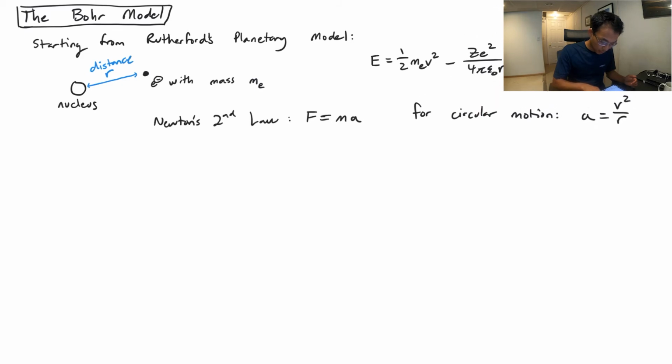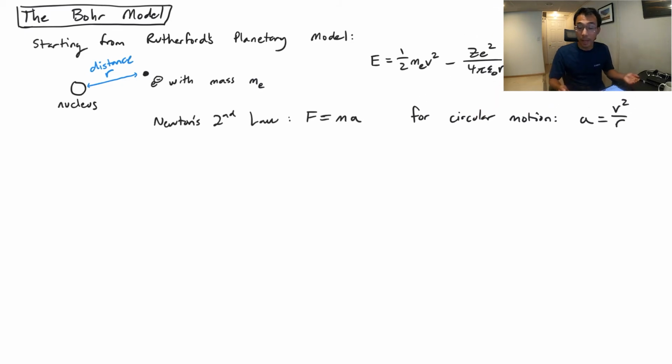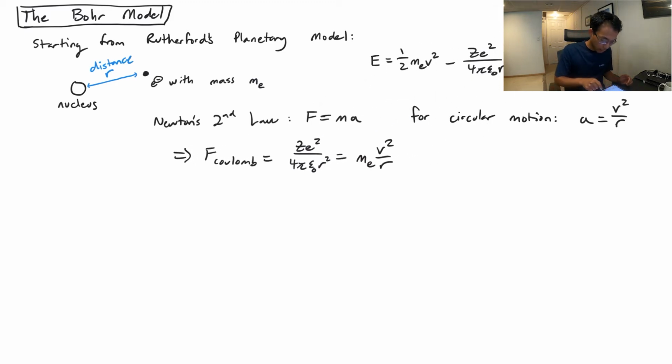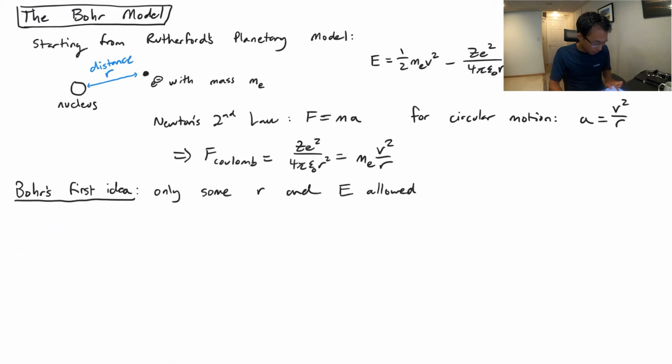For circular motion, as in an electron orbiting a nucleus, the acceleration is defined as speed squared over the radius r. From all of that, you can figure out that your Coulomb force is equal to the mass of the electron times the speed squared over r.